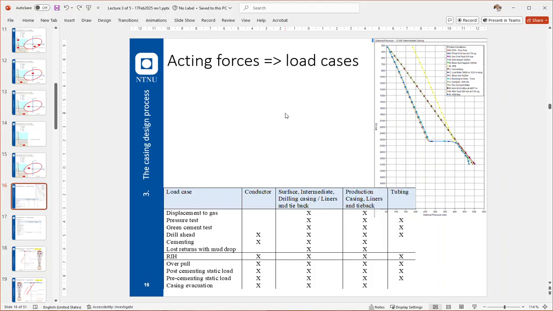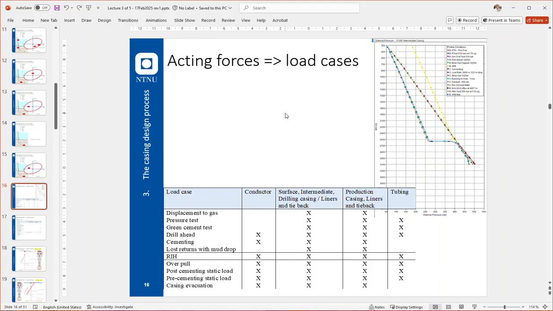So for some companies, the minimum capacity over the hanging load should be 100 tons, for example, metric tons. It could be different numbers. This is just so that you guys understand what it is. Again, this would be tied back to a drilling software and part of the torque and drag situation. And post cementing static load, you just have to understand what is the number before and after cementing.